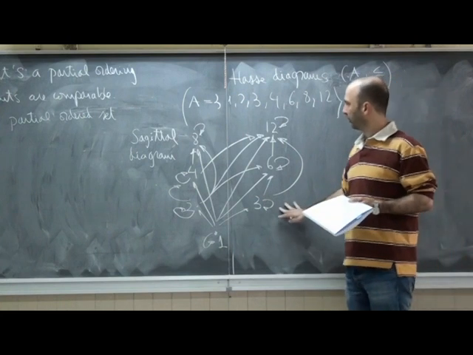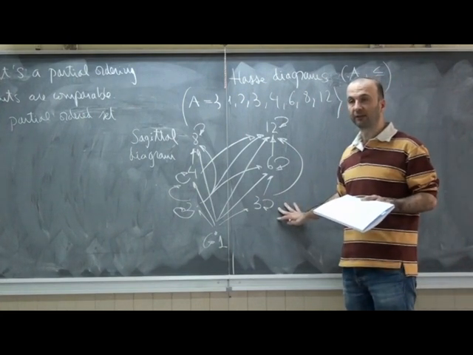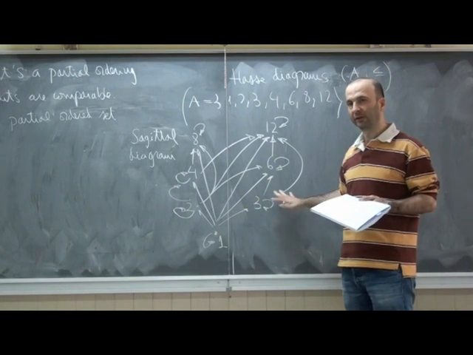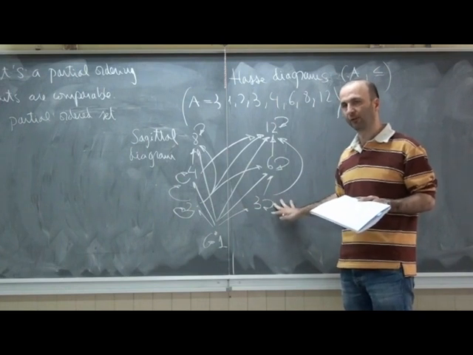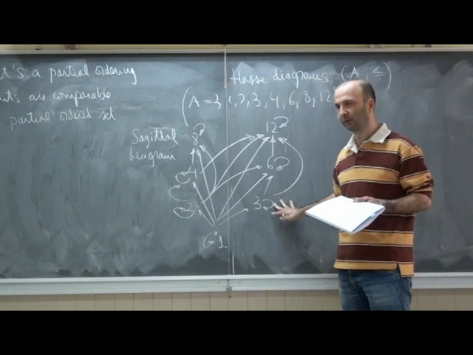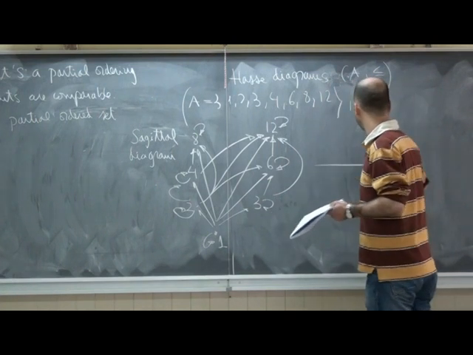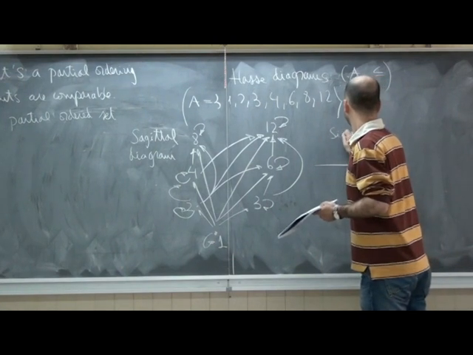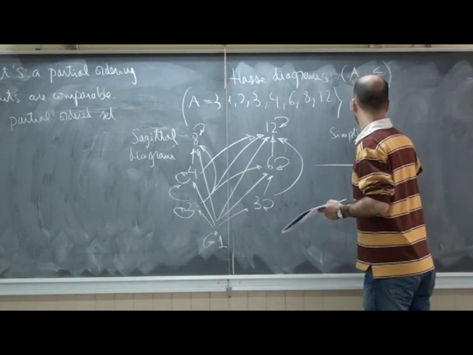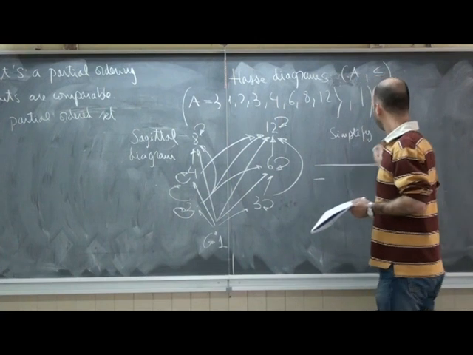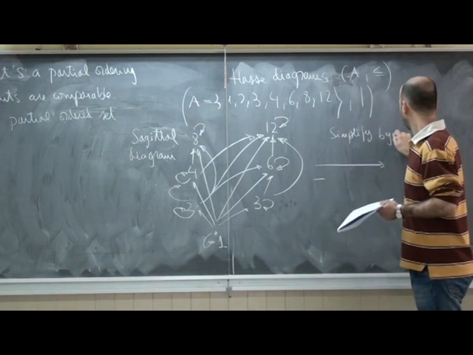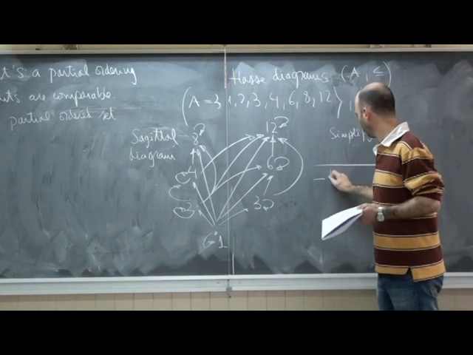Okay, so the Hasse diagram is a simplification of this cyclical diagram for partial ordering. So I'm going to simplify by doing the following.